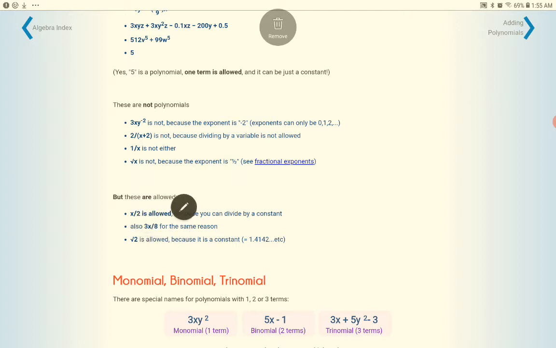Square root of 2 is allowed because there's no variable under the square root. This is actually just a number. It's an ugly number, but it's a constant. So that is a polynomial of degree 0.